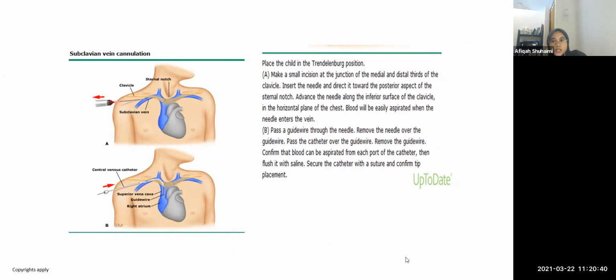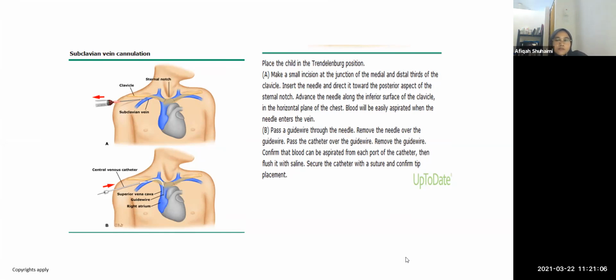Blood will be easily aspirated when the needle enters the vein. Pass the guide wire through the needle and then remove the needle over the guide wire, pass the catheter and then remove the guide wire. Confirm that blood can be aspirated from each part of the catheter, flush it with normal saline, secure the catheter with suture and confirm tip placement.